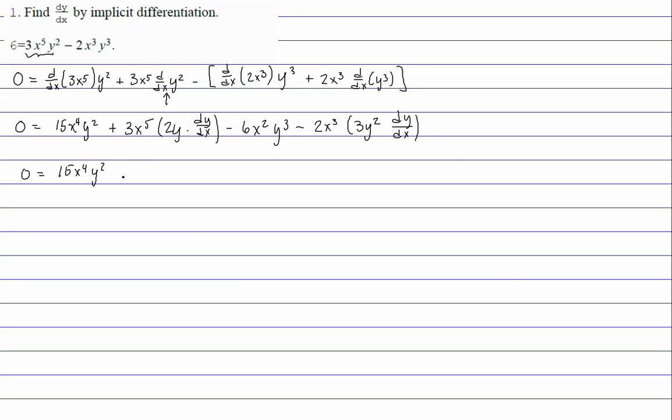The 2 times 3 is going to be plus 6x to the fifth y dy dx. And then minus 6x squared y cubed minus, now 2 times 3, 6, x cubed y squared dy by dx.